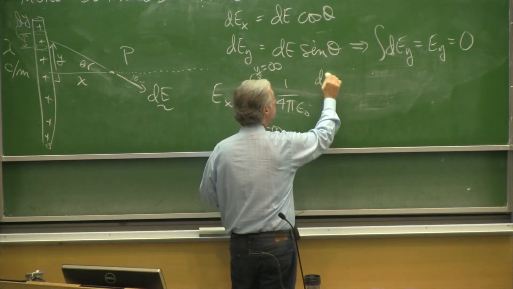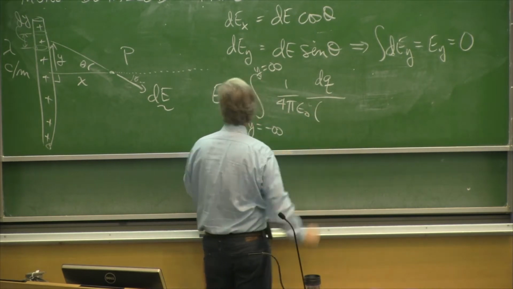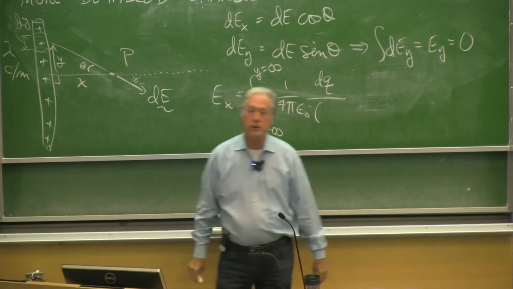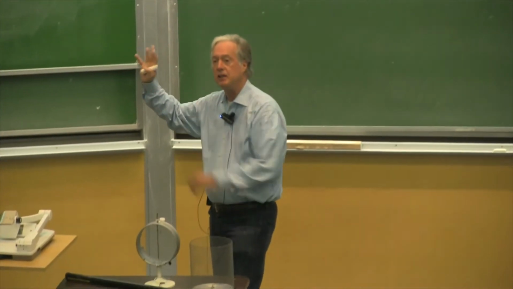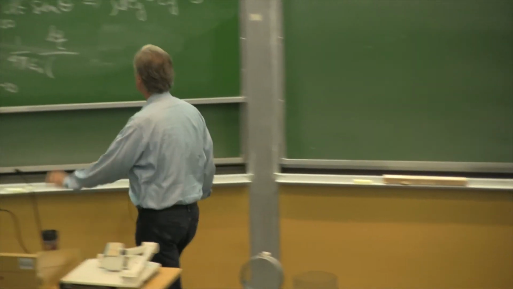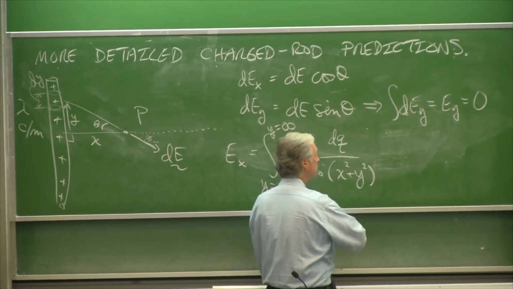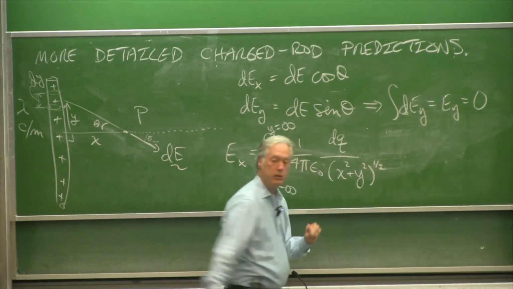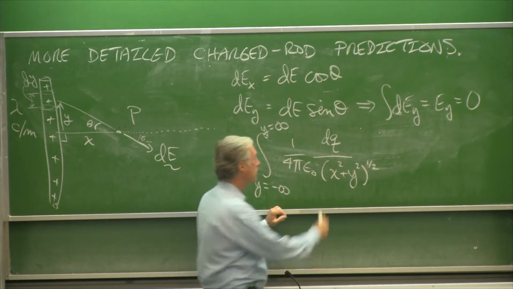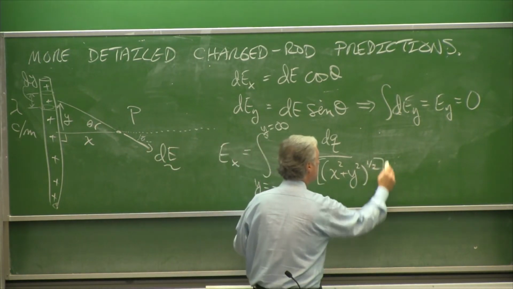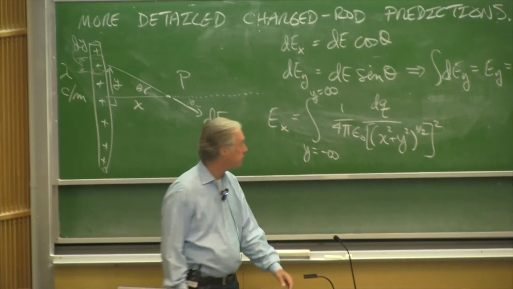I have the amount of charge that's in the chunk at dy divided by, what's the distance from the point P to the dy element? That's the hypotenuse of that triangle. So the distance along the hypotenuse of that triangle is x squared plus y squared square rooted, but then I have to square it. Remember, it's r squared for the distance factor in the Coulomb's law.